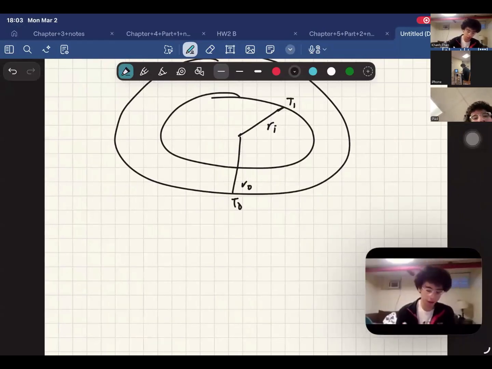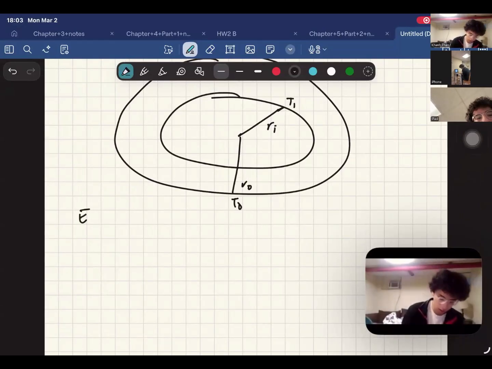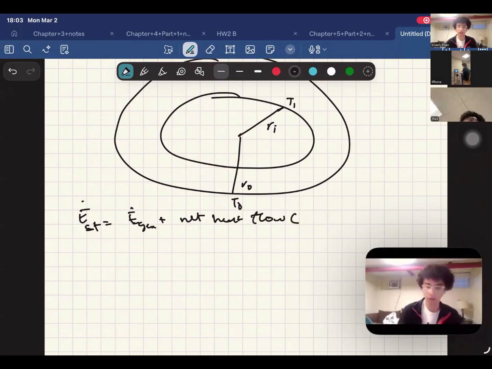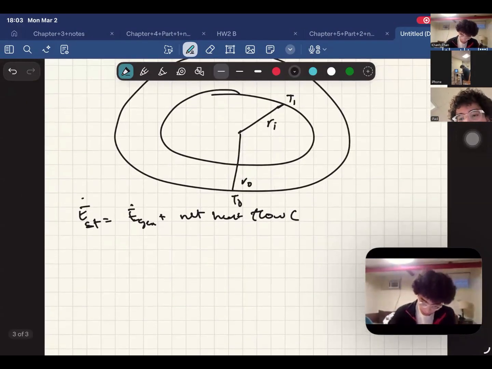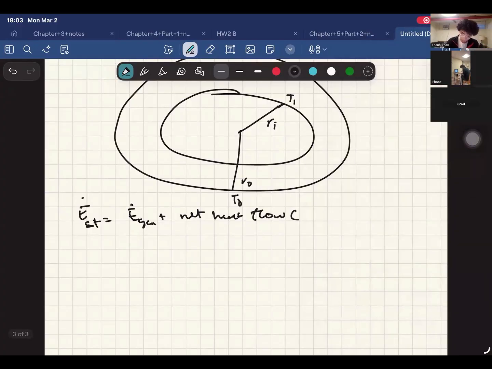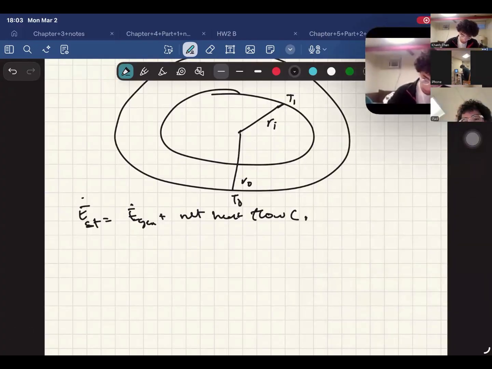So first things first, we write our energy balance equation. So energy storage equals energy generation plus net heat flow. So this is still radial, so we're going to use our radial coordinates. We can have r, theta and z.